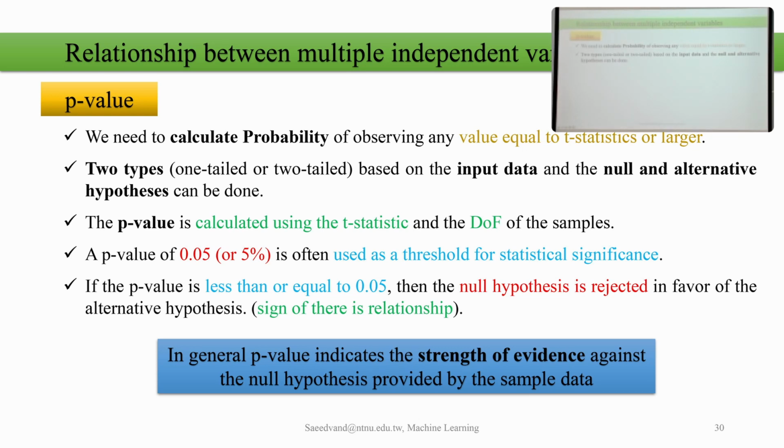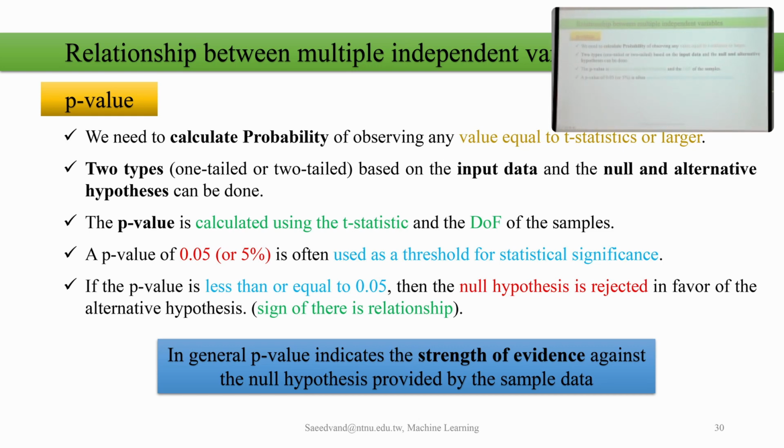It's not simply writing one equation. We say one-tailed and two-tailed, and this depends on the type of data and the number of inputs that you have. You should choose it. The p-value uses the T statistic value plus the degrees of freedom together to give me what I want.